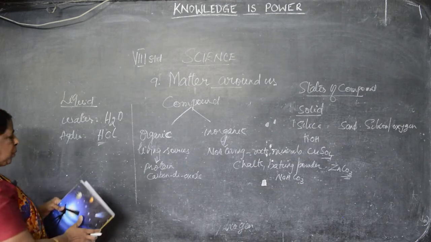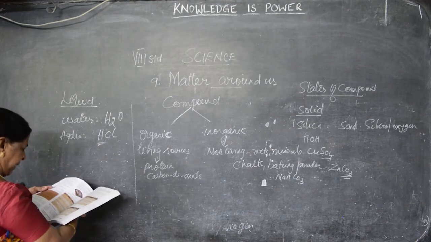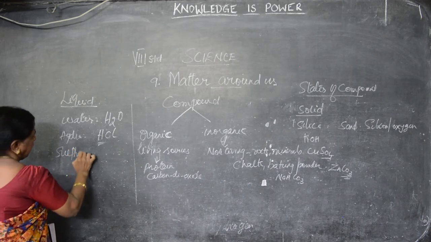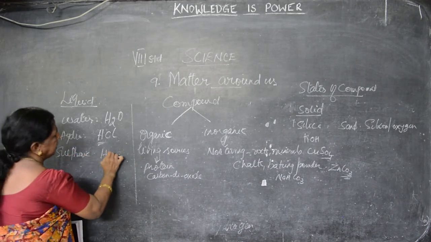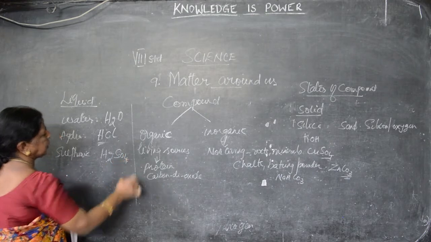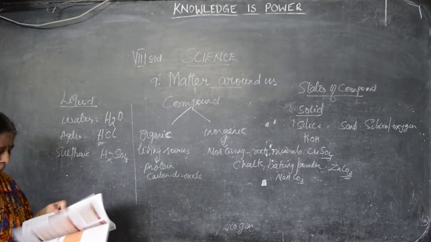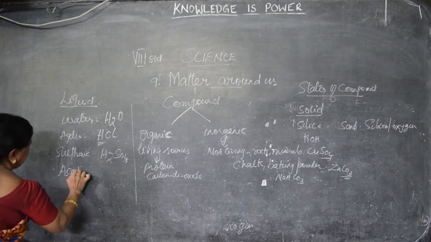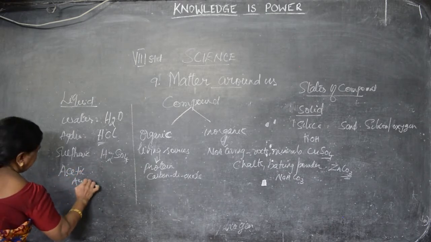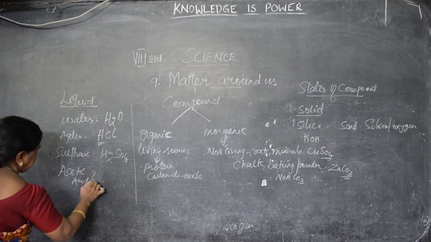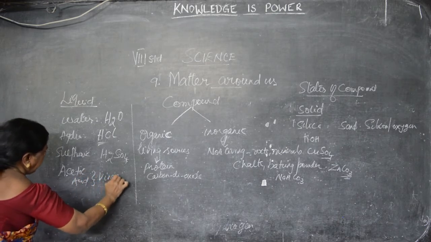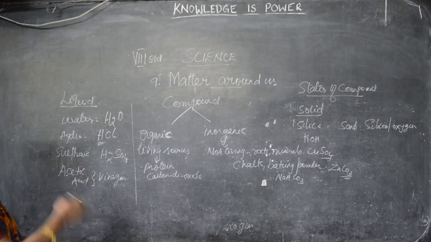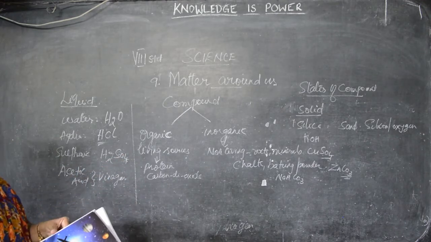Hydrochloric acid, nitric acid, sulfuric acid. Sulfuric acid is the king of all the chemicals. This is very powerful, H2SO4. And acetic acid, vinegar. For preserving food items we can use the acetic acid. What's the other name of it? Vinegar.